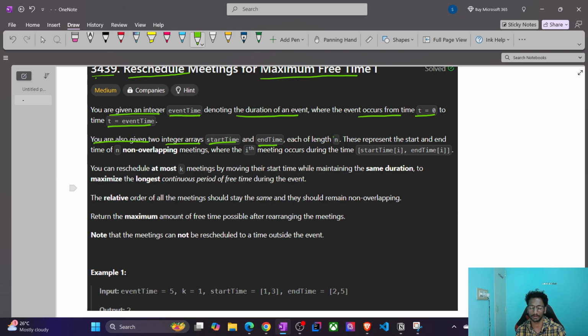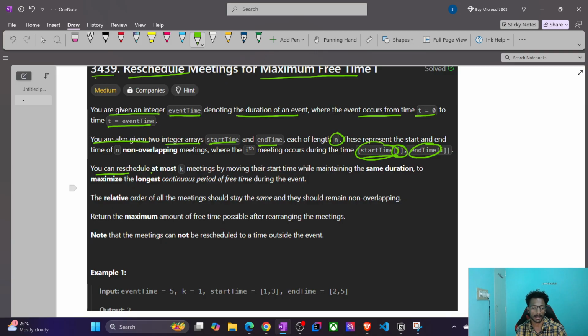Their length will be n. startTime[i] indicates the start time of the event present at index i, and the end time of that event we get from the endTime array.